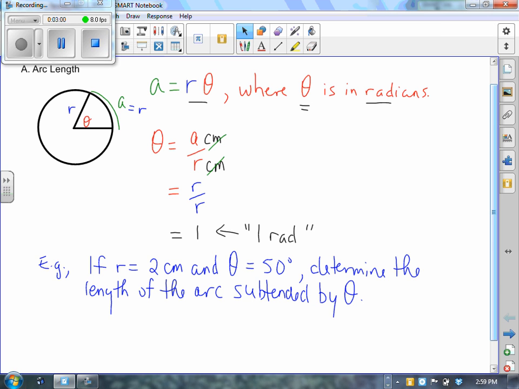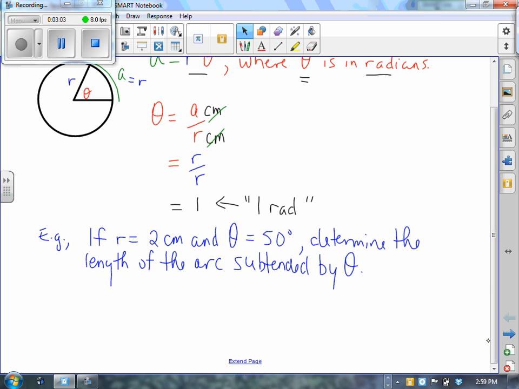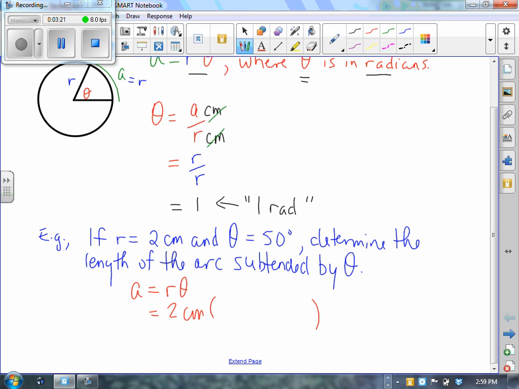So in our solution, we would note that A equals r theta. We have a radius of 2 centimeters. We also have a value of theta that we cannot use readily. Okay, and the reason being is that it's in degrees.